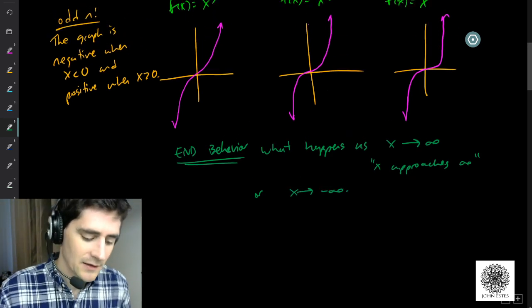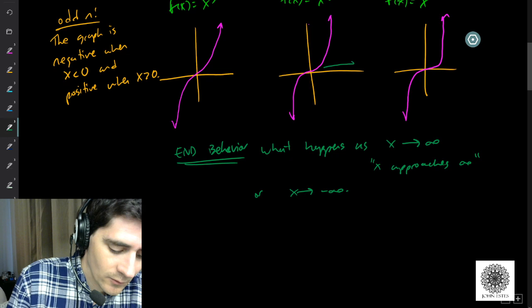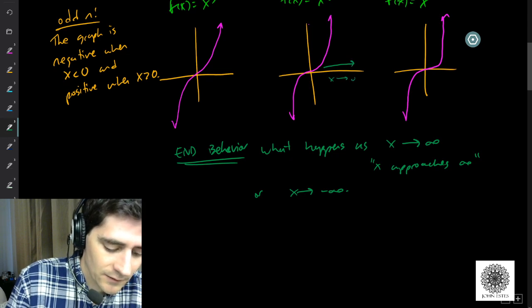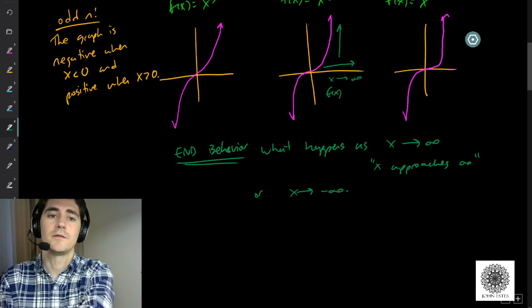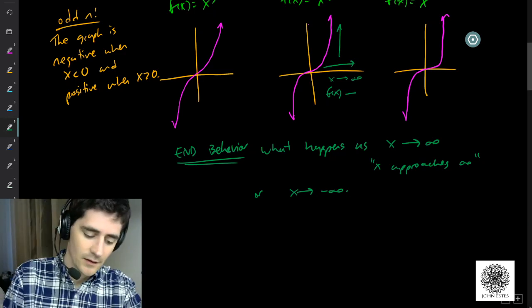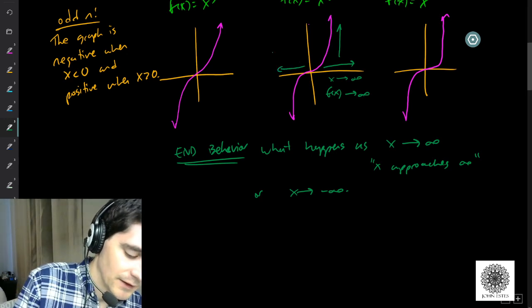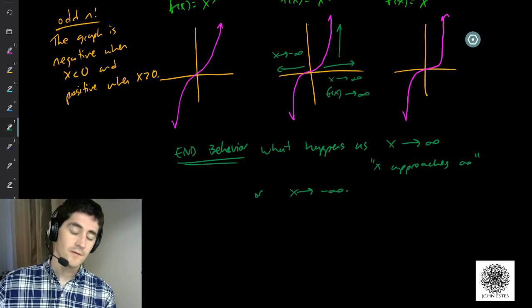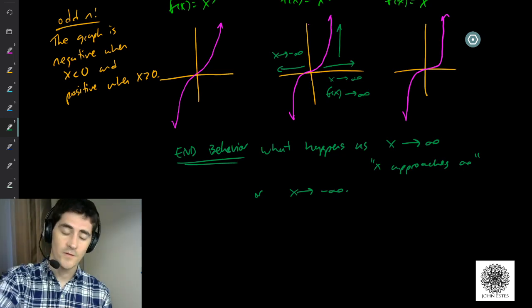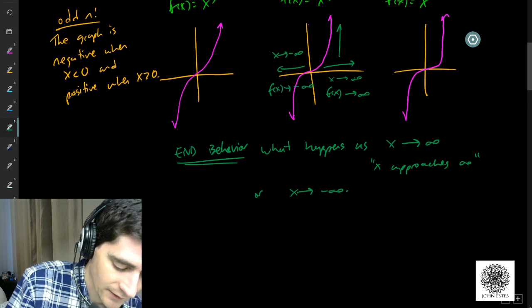So taking x to the fifth as an example, if I'm looking at the end behavior, what happens as x goes out this way, so that's x goes to infinity? My function is going up. So as x goes out towards positive infinity, my function is also going towards positive infinity. And as x approaches negative infinity, what's my function doing? As I'm going further left, my function is getting further and further negative. So I can say f of x approaches negative infinity as well. It's going down.